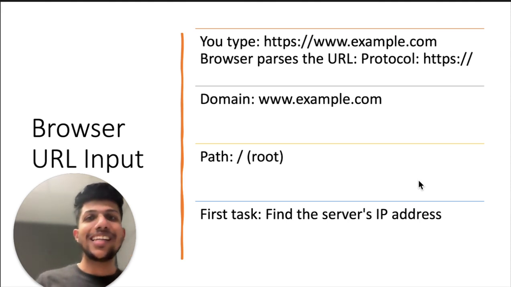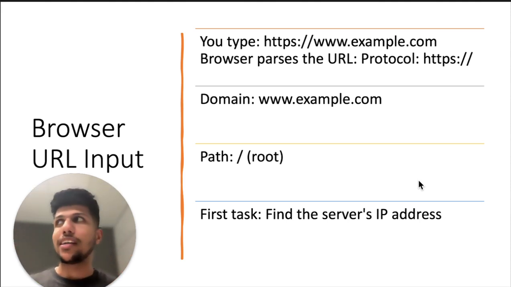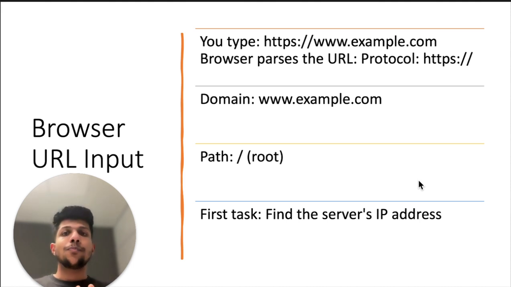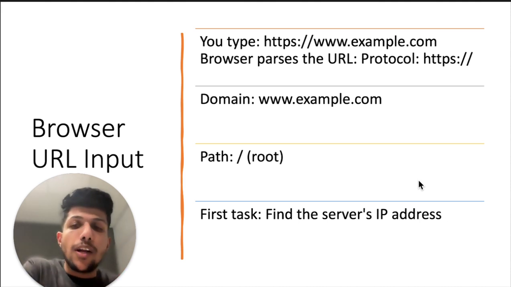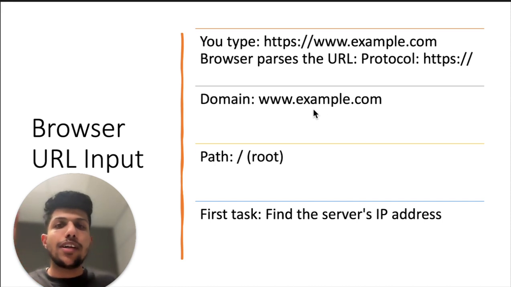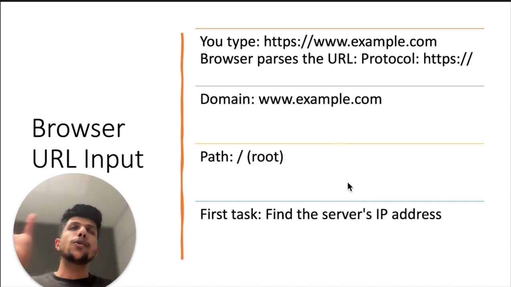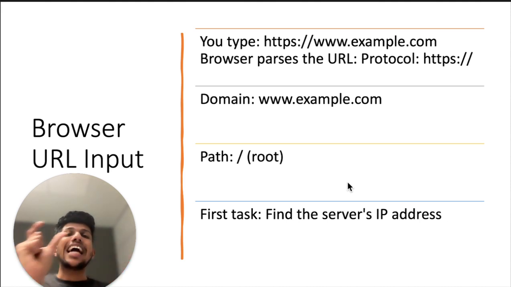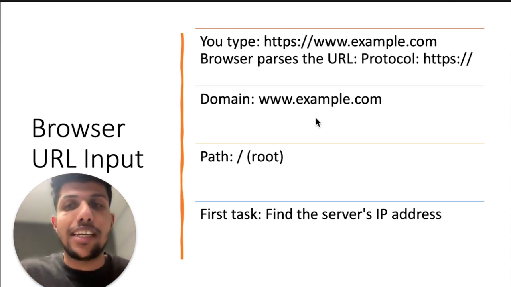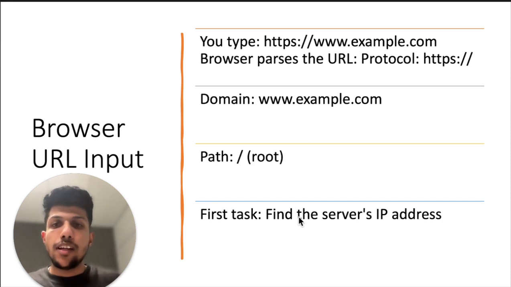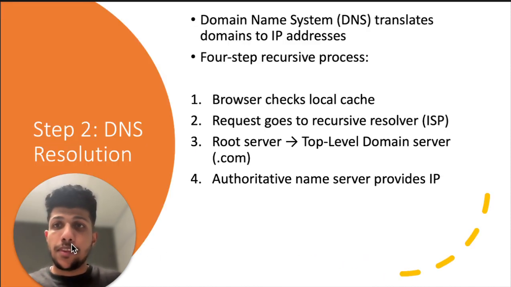It won't make sense for you to remember a lot of numbers because there are a lot of websites. So you need a name, right? DNS helps you resolve this. DNS helps you locate the IP address. If you type in example.com, it will help you figure out the IP address associated with this particular name.